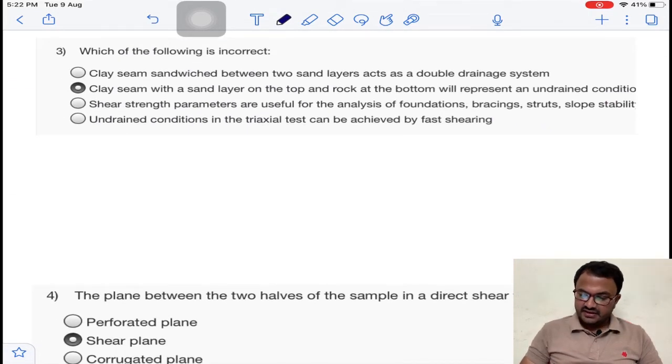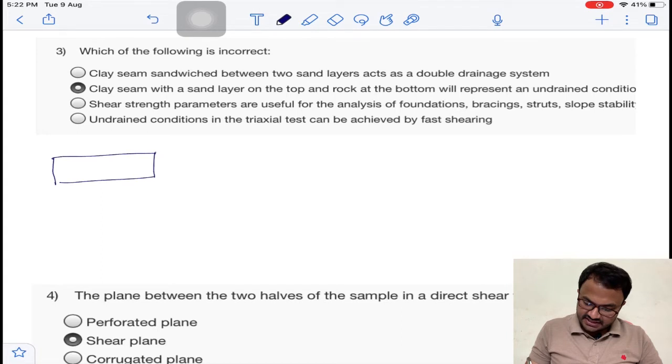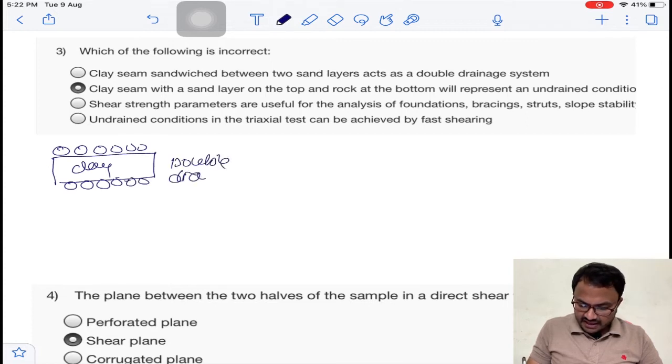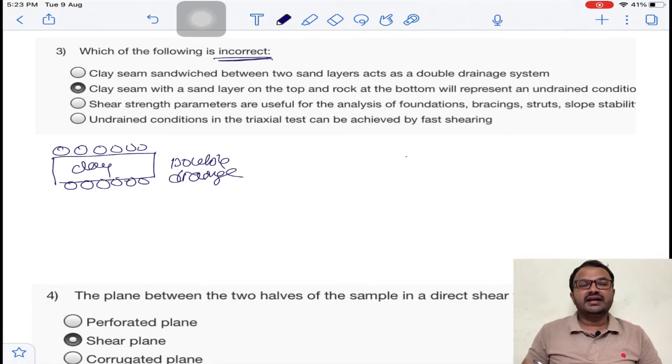Now, question number 3: clay seam sandwiched between two sand layers. For example, in the first case it is clay with sand above and below, so obviously it is a form of double drainage. He asked us to find the incorrect statements. The first statement is correct.